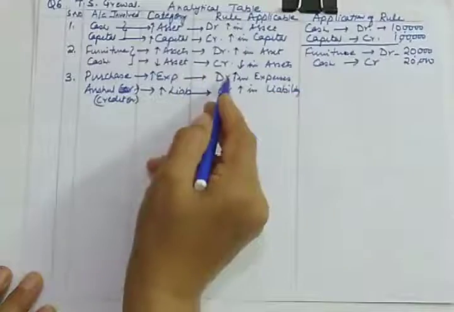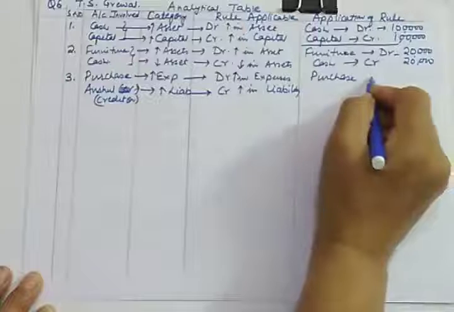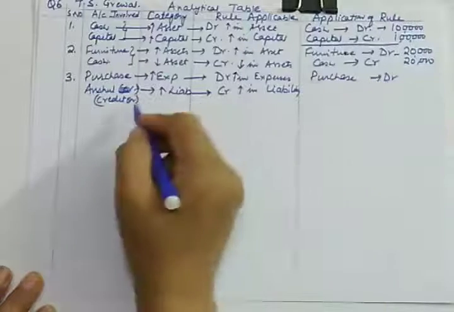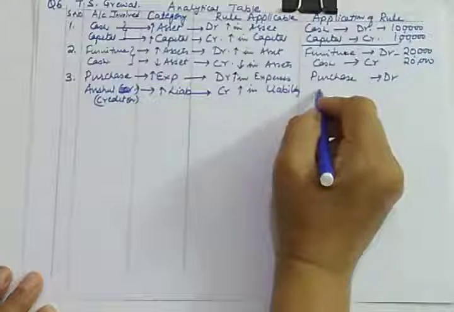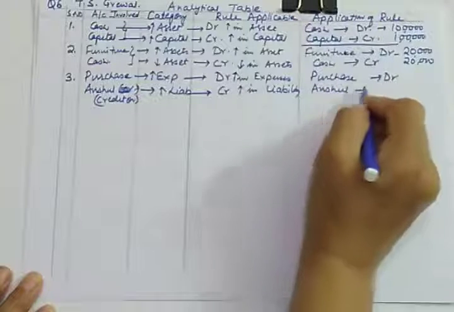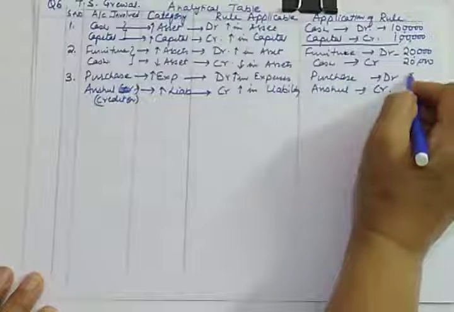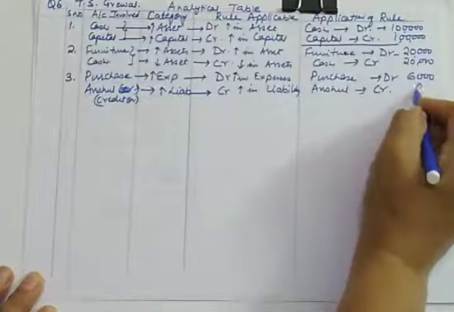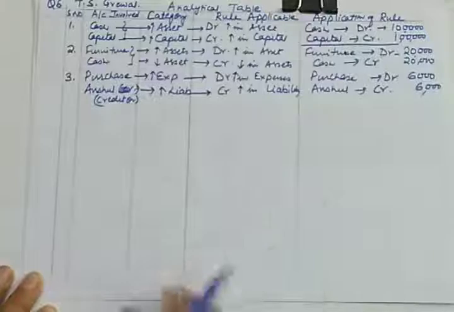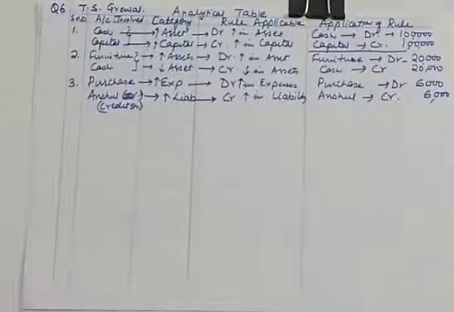So application debit means purchase, debit, and credit means creditor Anshul. Anshul will be credited, and the amount which is given in the numerical is 6,000. So I hope you are getting these things, all these items.